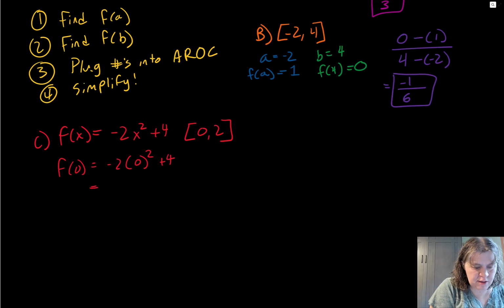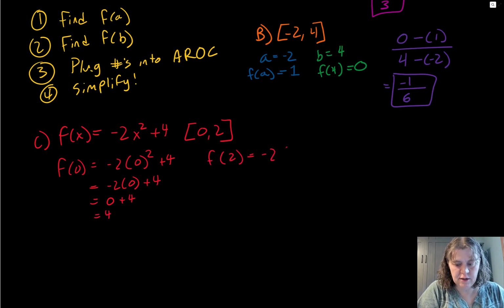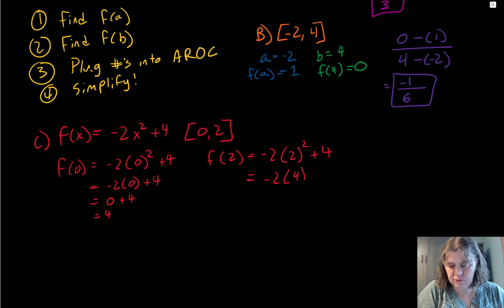So that would give me, let's see, negative 2 times 0 plus 4, which is 0 plus 4. And you don't have to show all of these steps. I'm just trying to make it really, really clear what's going on and how we're getting there. So that's going to be negative 2 times 4 plus 4, because order of operations says do the exponent first, then do the multiplication, and then do the addition.